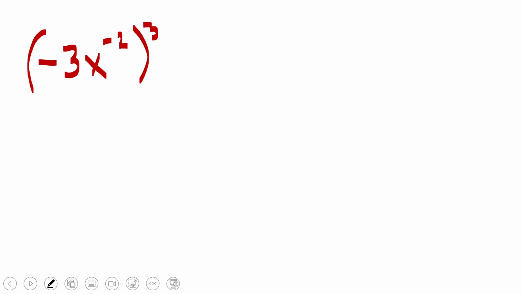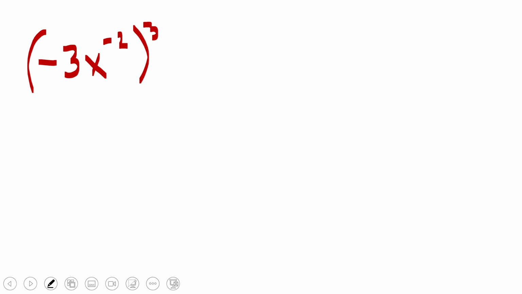Okay, we're going to continue to work with a negative exponent, but we have parentheses involved. That cubed outside the parentheses means that term inside the parentheses is multiplied by itself 3 different times.